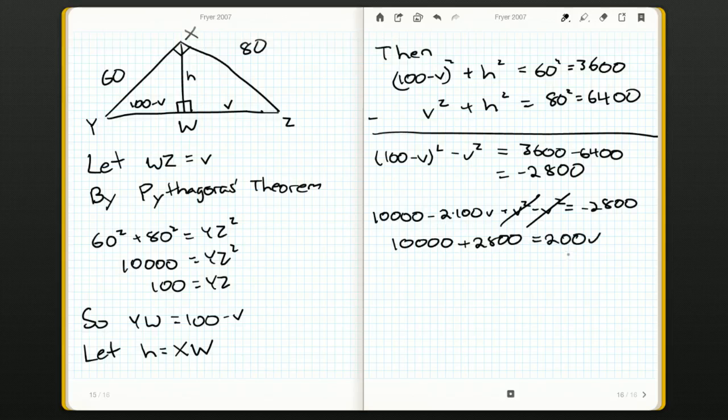That's positive 200V. So 2,800 plus 10,000 is going to be 12,800. Divide that by 200, and that should be V. So V is going to be equal to 64.